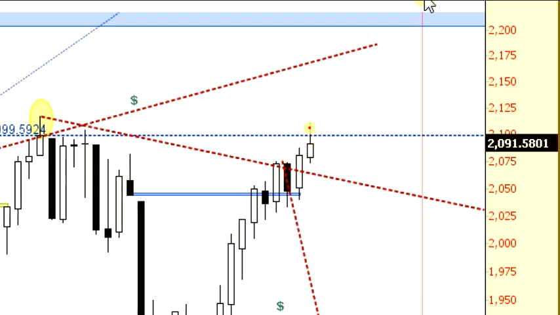I think the move is over, but certainly the market could make its way back down to this trend line and then bounce from here and go higher. That's something I'm going to be watching out for.